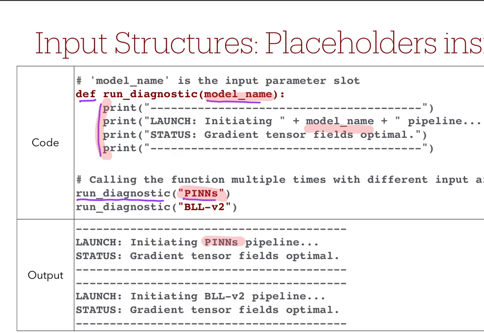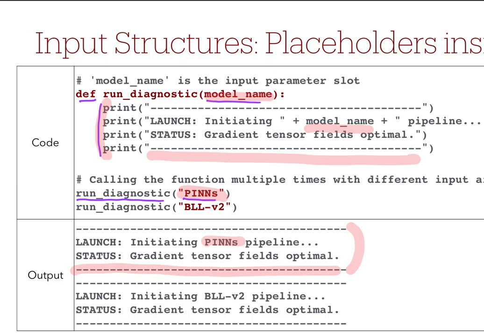When you call this function run diagnostic with pins, these statements will be generated. And once the 4 lines are printed, you go out of the function, and when you go out of the function, the parameter model name will be destroyed from the memory.